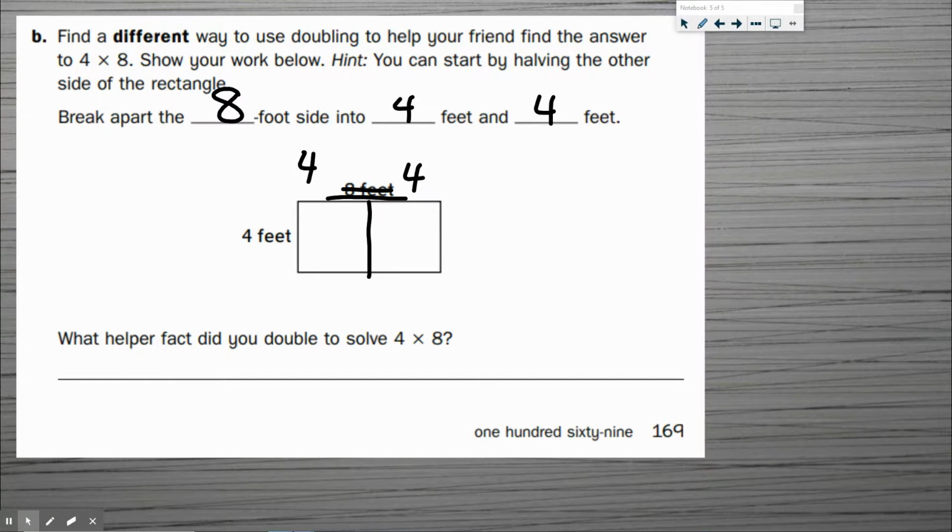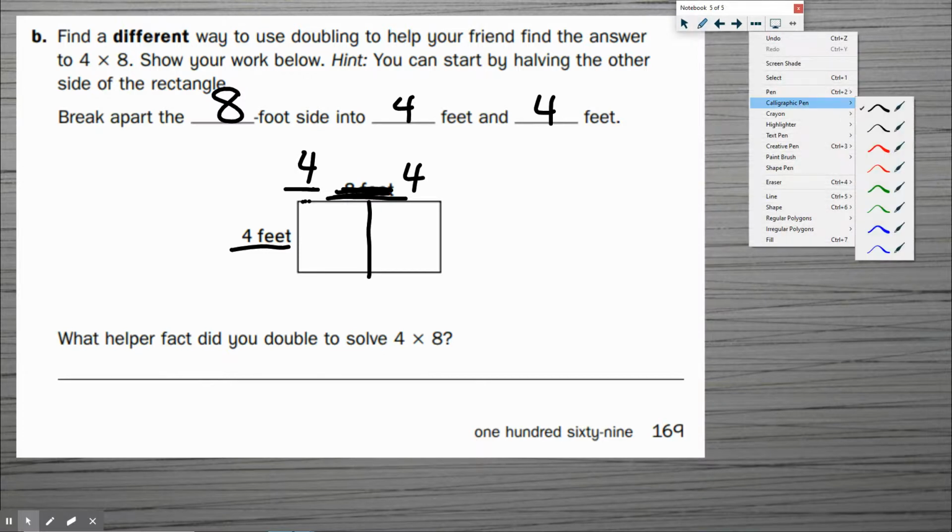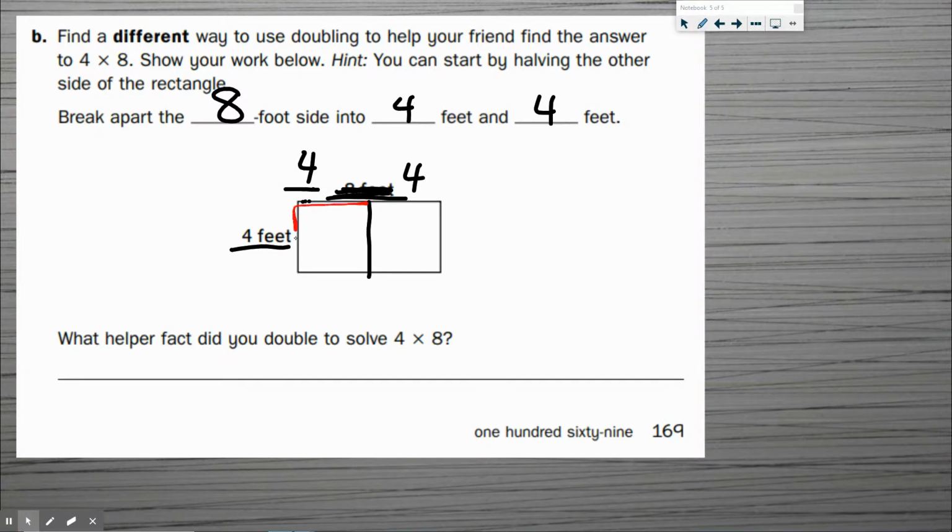What helper fact did we use to solve this? Well, if I want to find the area of this rectangle, I do length times width. Remember, we're no longer using the 8, we're using this 4, because I'm finding the area of this rectangle right now. So it is 4 times 4, and that equals 16.